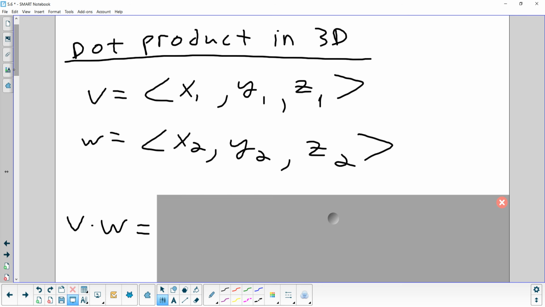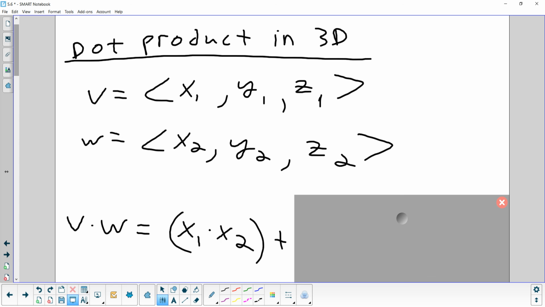But anybody think they could tell me what are going to be the first 2 things that you see under that box? X1 times X2. Good. What's going to be the next thing you see? Y1 times Y2.